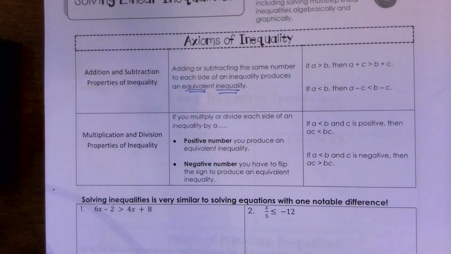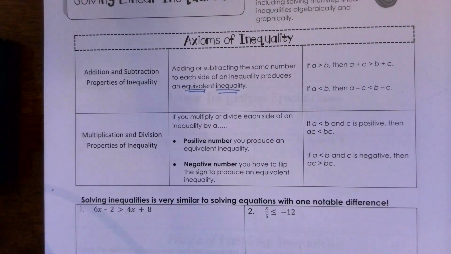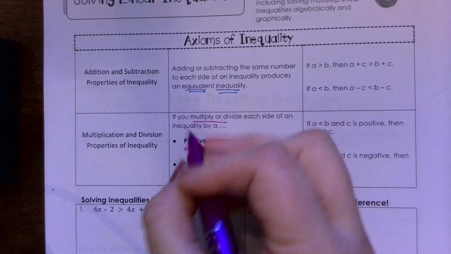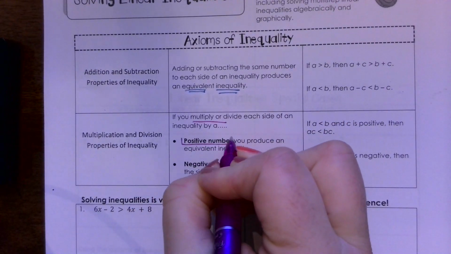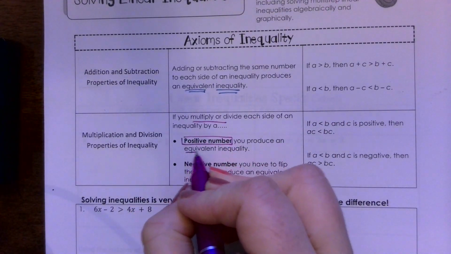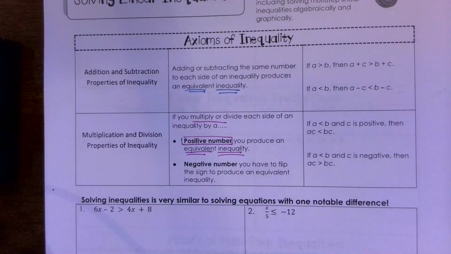Where it is different in solving inequalities is with multiplication and division, because it depends on whether or not I'm multiplying by a positive or negative number. If I multiply or divide by a positive number, the result will be an equivalent inequality.